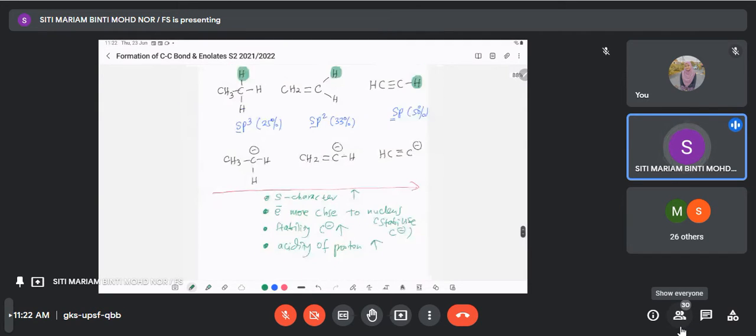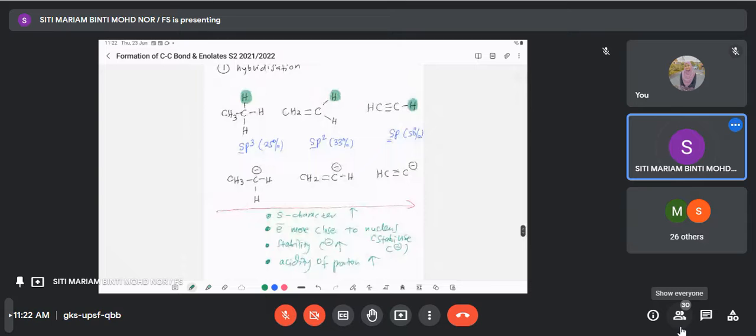So that's the explanation for the first factor. The first factor is hybridization. The keyword here: increasing the S character will make the electron more close to the nucleus, and it will stabilize your carbon negative charge. When it stabilizes, automatically the stability of the carbanion increases, and it will make the acidity of your proton, the one that I highlight in green color, also increase.